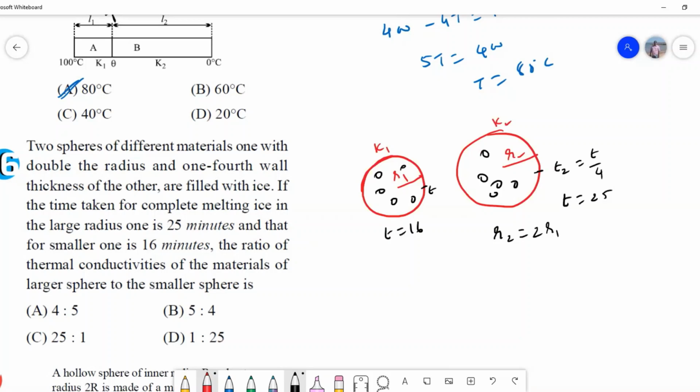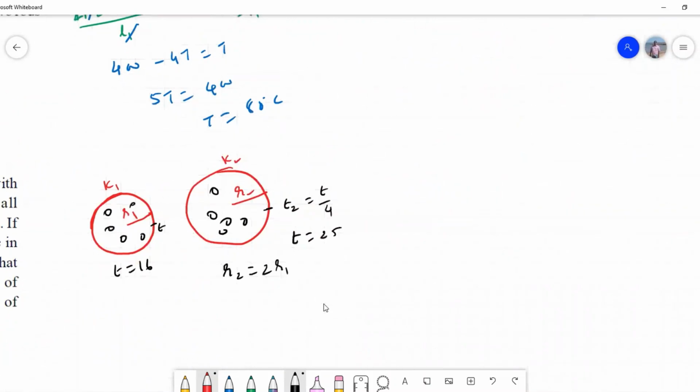We need the ratio of thermal conductance of the material of the larger sphere to that of the smaller sphere. We all know that Q is equal to KA dT upon L, where here T is simply the time. So this is nothing but mL is equal to KA T dt upon L.